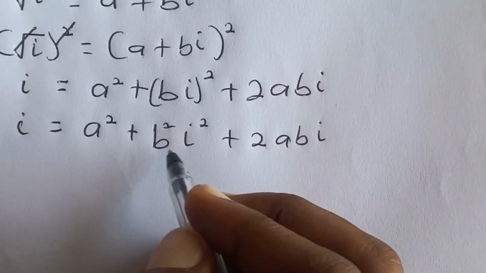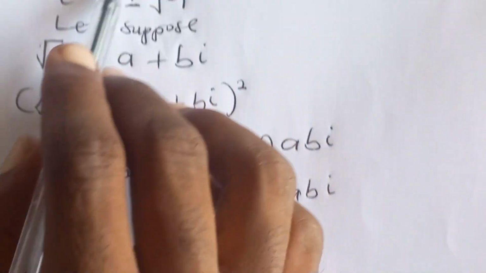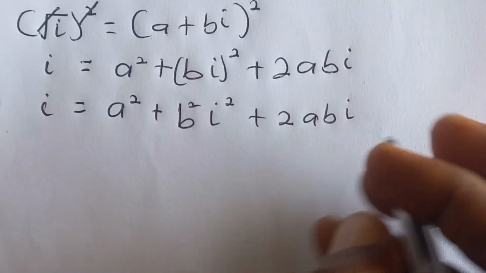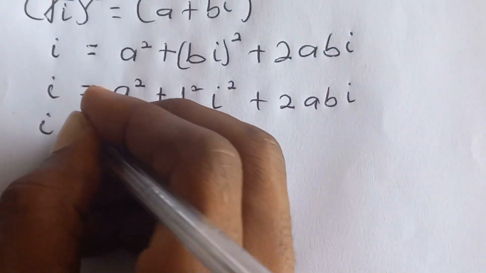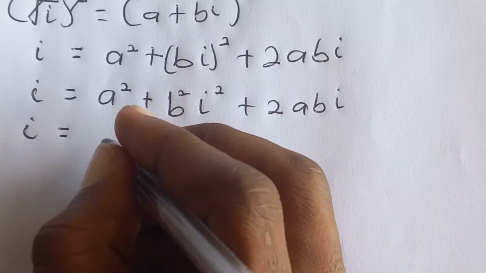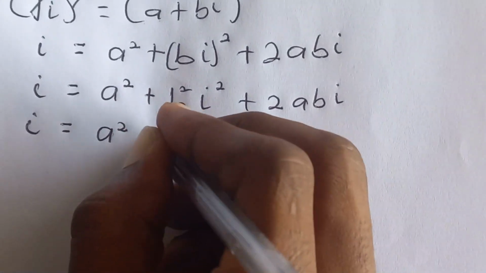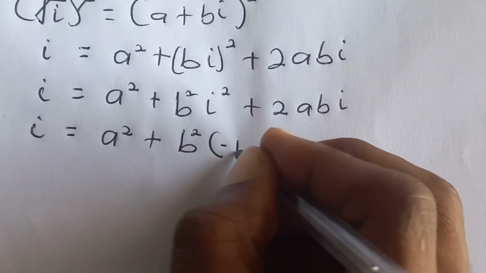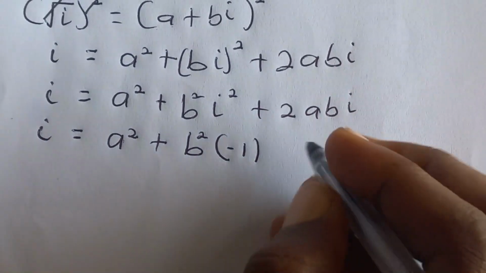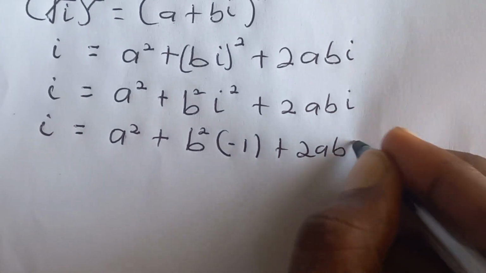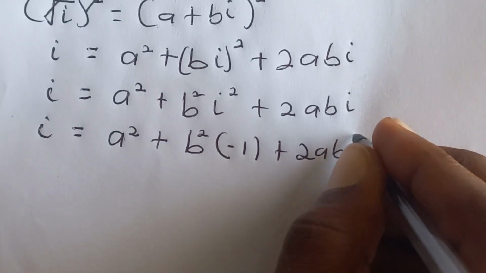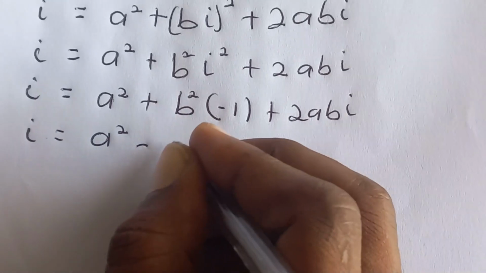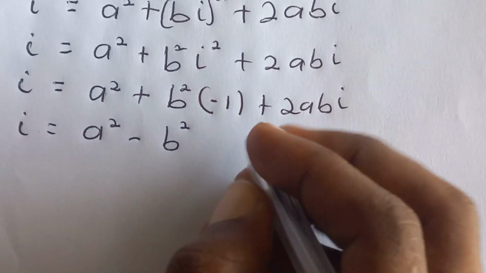And don't forget that i squared is equal to -1. So we rewrite this as i equal to a squared times b squared into brackets -1 plus 2ab, giving i equal to a squared minus b squared plus 2abi.